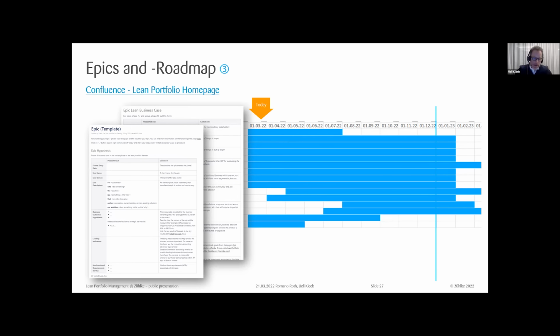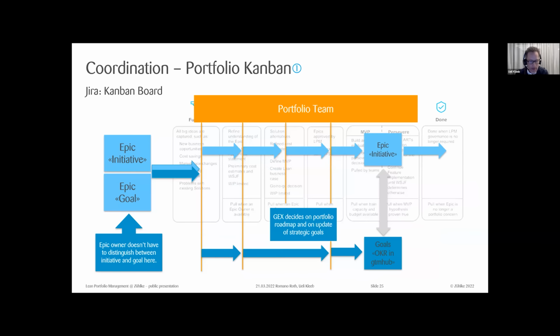Actually, I think it's smooth because we have a monthly meeting. Let me maybe go back to this Kanban here. The pace we have here is a monthly meeting for this portfolio team. So if you drop your idea here, within a month at least, you will get an update, or we will help you as an initiative owner to make progress.